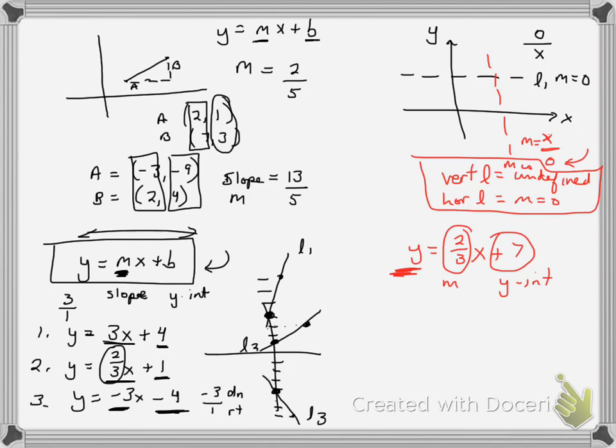So if I instead have 2y equals 7x plus 14, I have to convert this to y equals. So you have to manipulate. I would have 7 halves x plus 14 divided by 2, or 7. Now my slope there would be 7 halves, and my y-intercept would be 7.